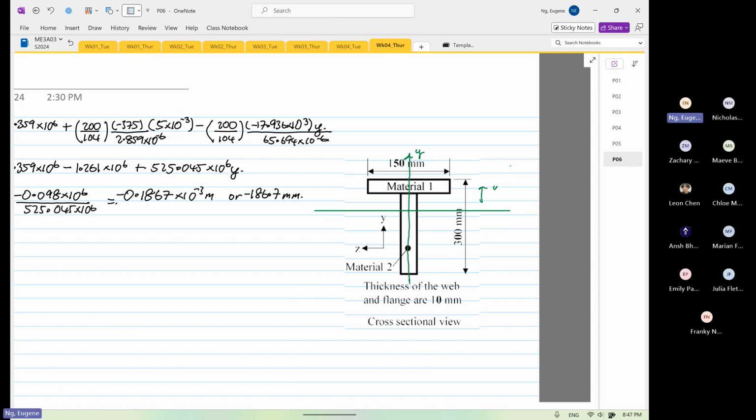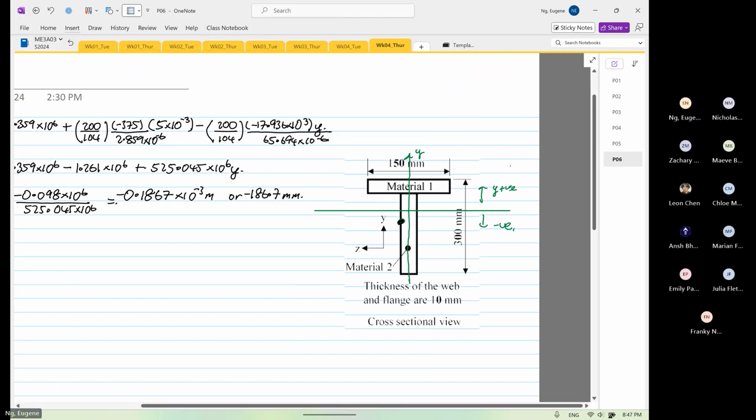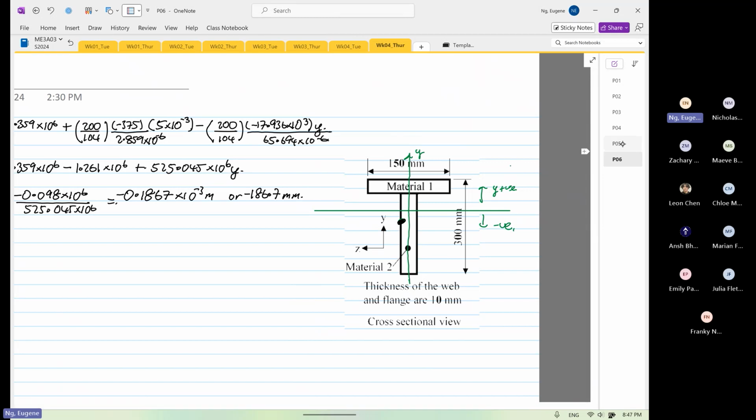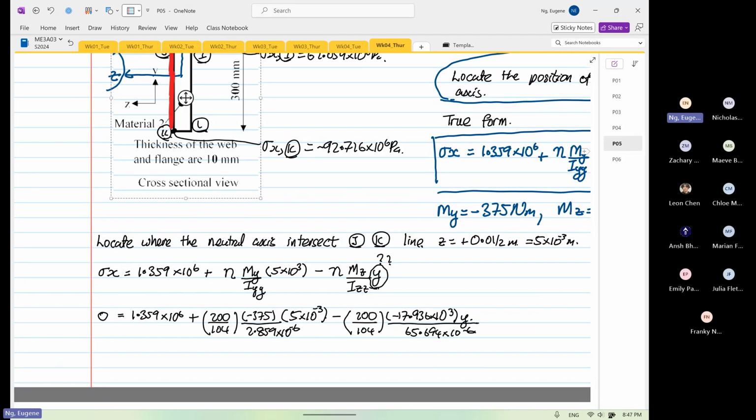Going up, y is positive, and coming down, y is negative, right? So we know that it is down here. Negative means it's down here. Okay. And why do I say good news? Because it is a linear function. What do I mean by a linear function?